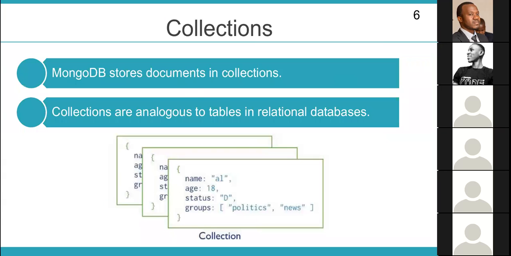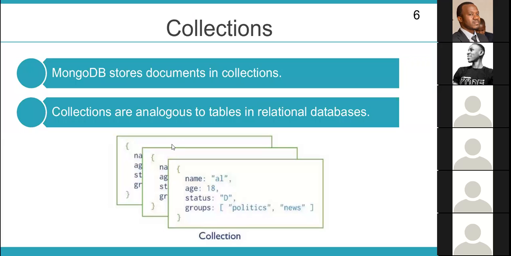Next we're looking at collections. A collection stores documents. So MongoDB uses collections to store documents. As you can see here, it's analogous to tables in relational databases. So in relational databases, where you have a table, maybe let me say of users, in MongoDB you'll have a collection of users. So let me say this is our collection.